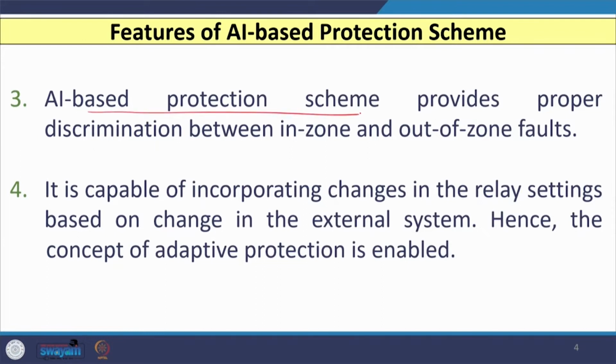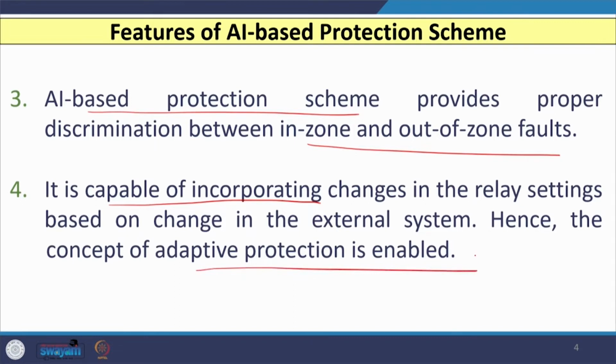Further, this scheme also provides proper discrimination between in zone faults and out of zone faults. In case of in zone faults, the relay operates, whereas in case of out of zone faults, the relay does not operate, it remains stable. Further, utilization of this technique will also help in incorporating changes in relay setting based on change in external system conditions. This type of concept is known as adaptive protection. Such a feature can also be incorporated in the relay if we use AI based protection schemes.